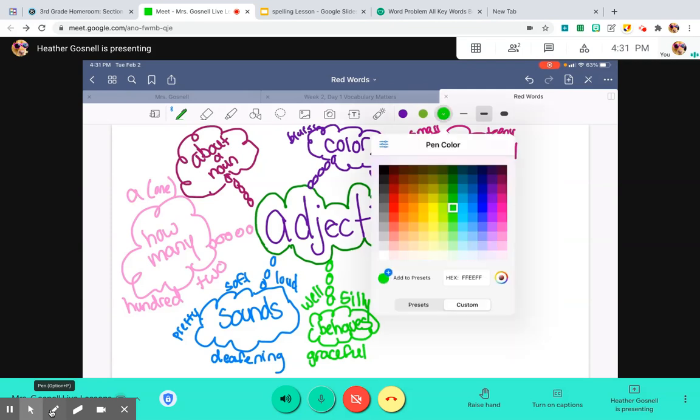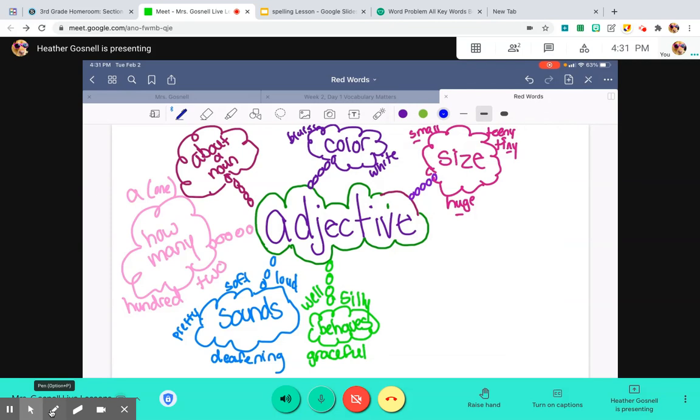Another thing adjectives tell us is how something feels. Now, when I say something, I'm talking about a noun, so that something could be a person, but that something can also be an object. So I'm just going to put how something feels.